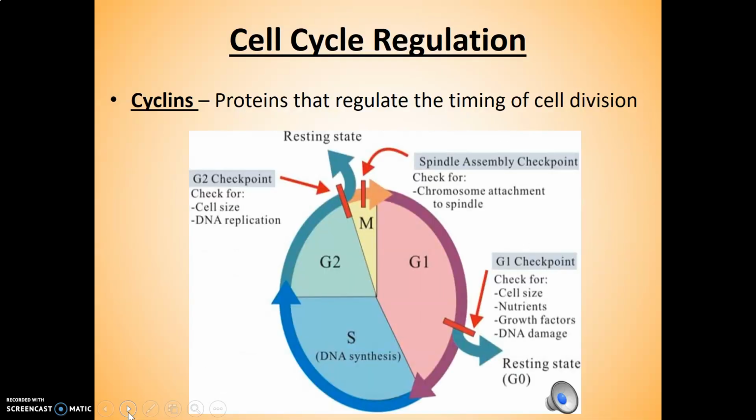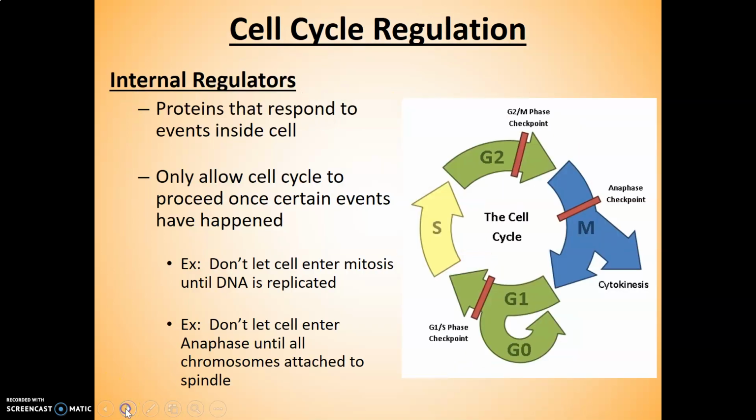So cell cycle regulation, we talked a lot about those stop points, those checkpoints. Those checkpoints are regulated by cyclins. Those are proteins that help with the timing of cell division. They have internal regulators, proteins that respond to events inside the cell and only allow the cell cycle to proceed once certain events have happened.